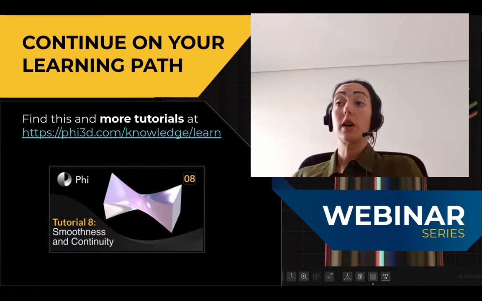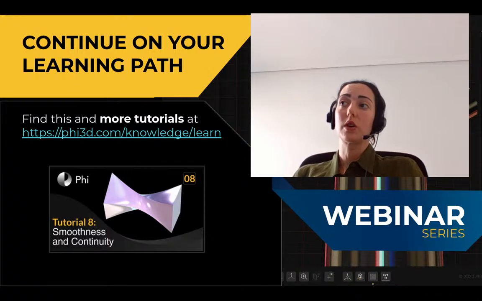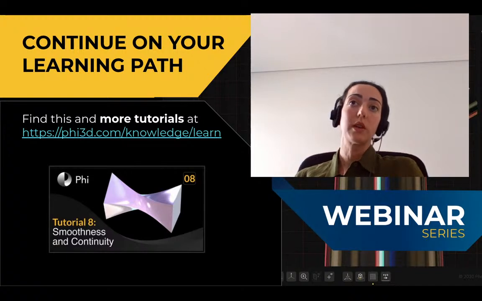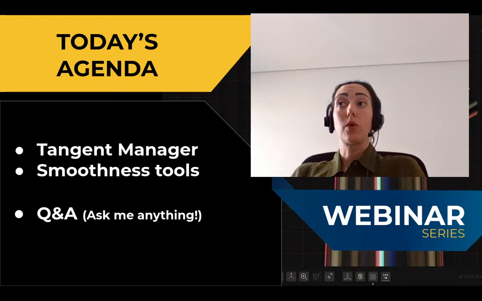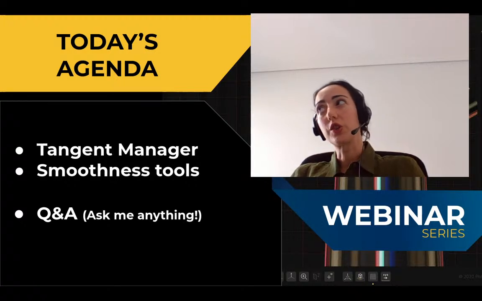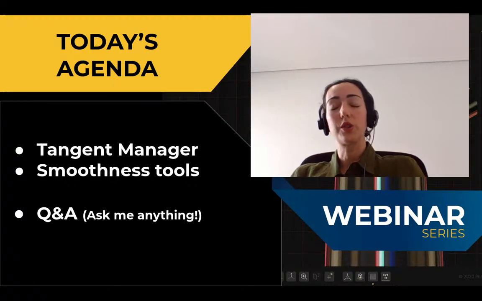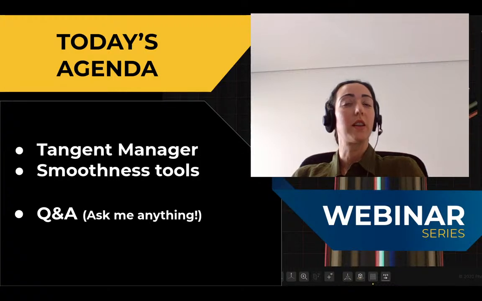Today we are going to cover the tools taught in tutorial number 8 that have to do with smoothness and continuity. More specifically, we're going to explore the tangent manager, to which we had an introduction the previous time.